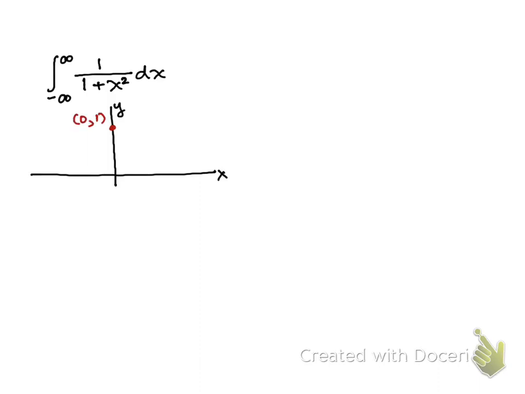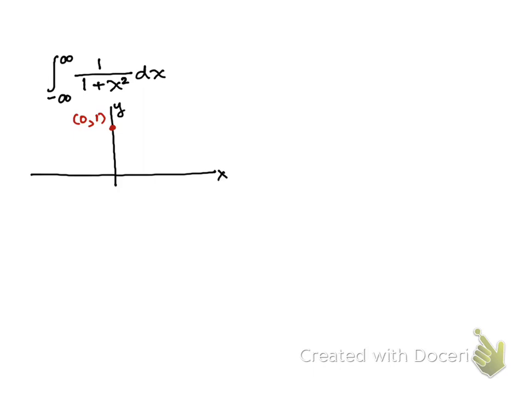And then as the absolute value of x increases, well, first of all, this is an even function. I'm going to have symmetry because whether I plug in x or negative x, I'm going to get the same answer. But then you can also see that as x increases, y very quickly approaches 0.